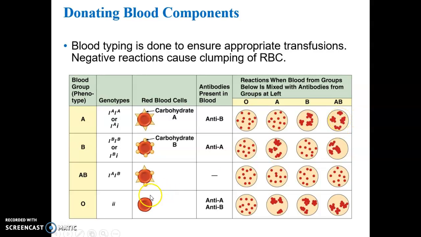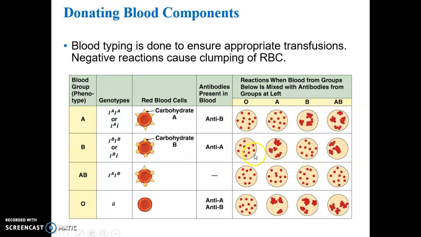Okay? So blood type AB and blood type B cannot be donors for blood type A because they have anti-B antibodies, which would attack surface molecules B on blood type B and blood type AB blood, if that was to be donated. All right, let's look at patient blood type B.